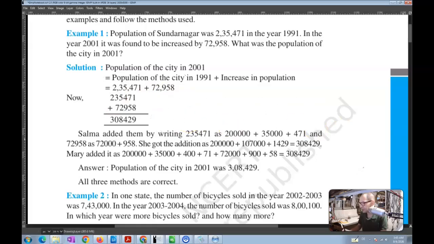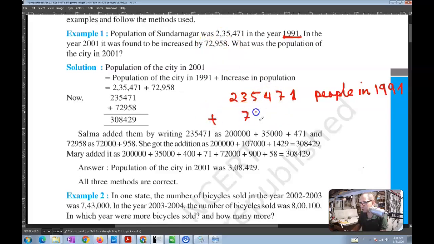So that's basically that. Now over here, in 1991 our population was 235,471 people, and then in 2001 it was increased by 72,958. So plus 72,958.